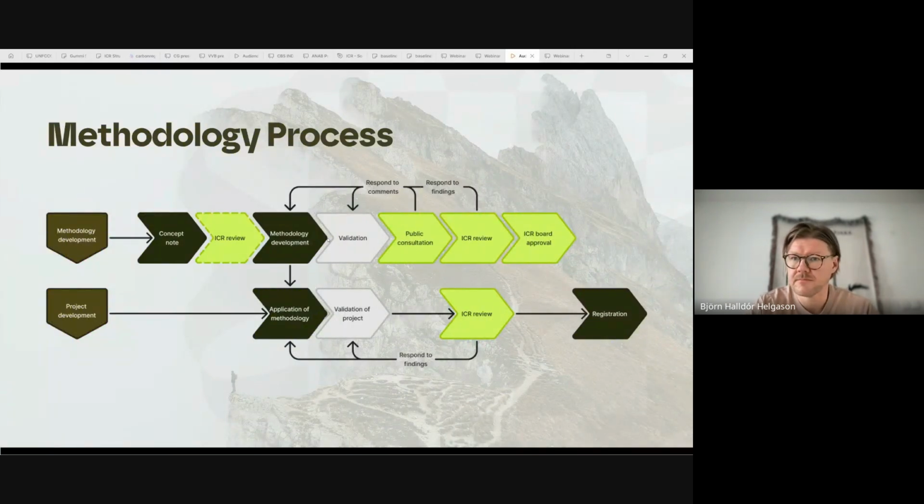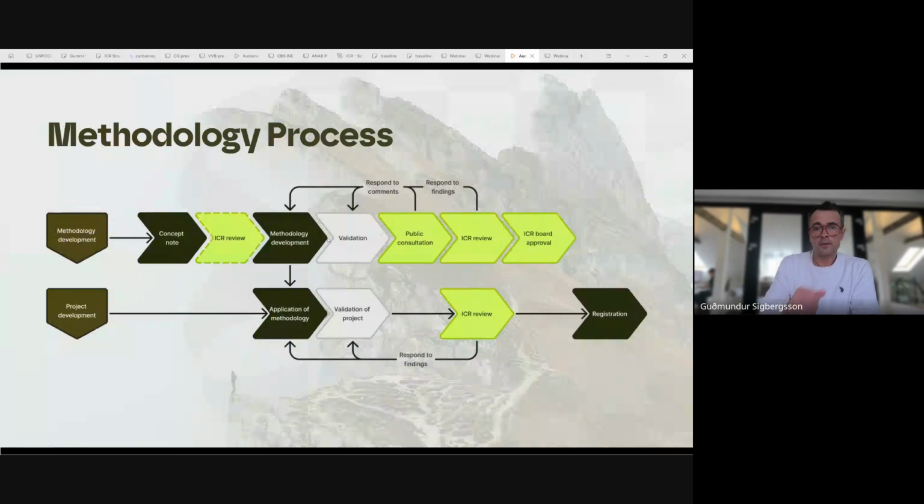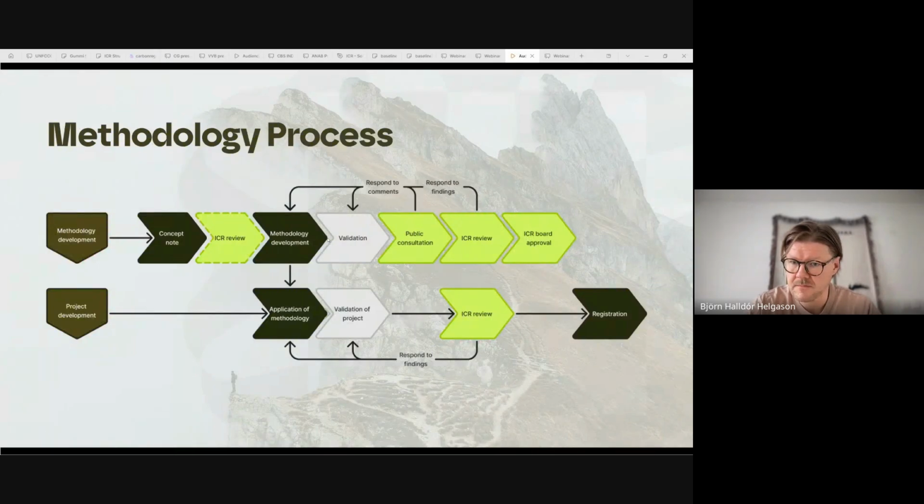Then the methodology developer develops the methodology, follows the feedback received through the concept note review, then initiates a public consultation or initiates the validation of that methodology.